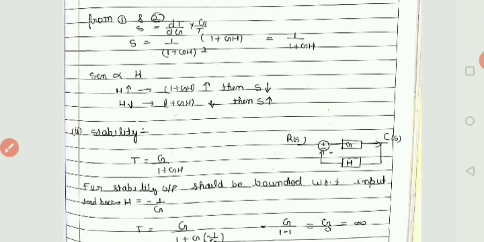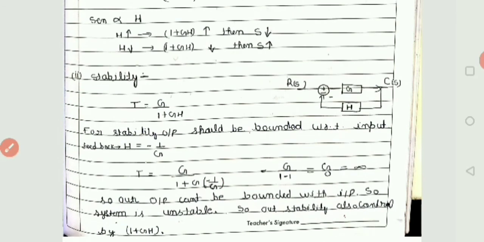Now the second is stability. When the output is more controllable, we say the system is more stable. Whenever the output is in your control, it is a more stable system.